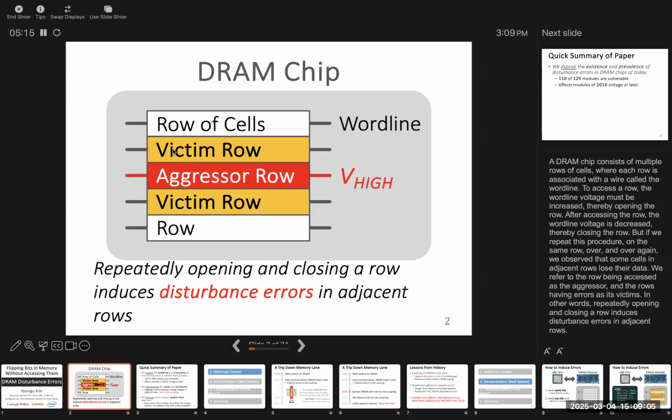For example, even in this paper, they have mentioned that with a little more effort, what we can do is, instead of inducing random errors in the victim rows, control what bit value you want to set in the neighboring rows. Let's say in the neighboring row you have control data stored, and that control data is the conditional variable you are testing in a condition: if the condition is true, print my debit card number.